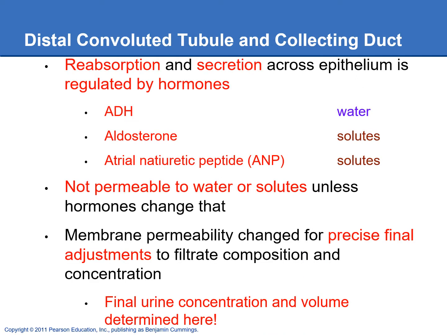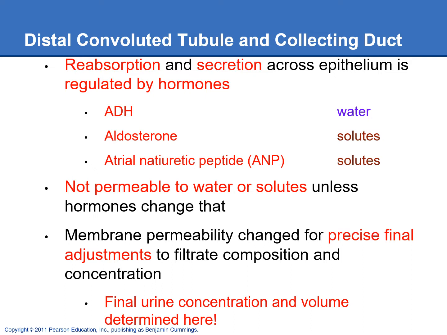The distal convoluted tubule and collecting duct are really different from the proximal convoluted tubule and loop of Henle because their permeability to water and solutes is going to be regulated by hormones. ADH is going to regulate water permeability, and aldosterone and atrial natriuretic peptide, or ANP, are going to regulate solute permeability.